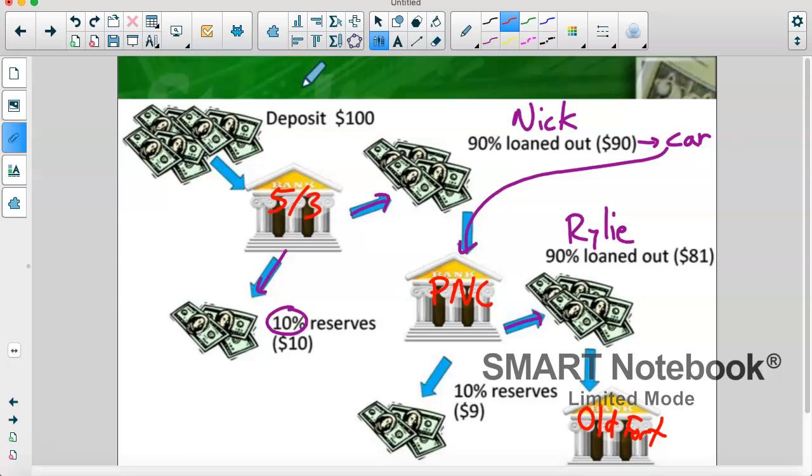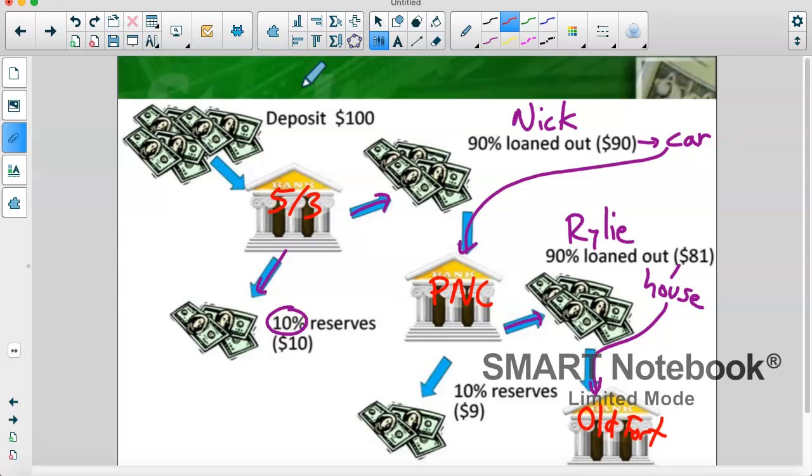I know it's ridiculous, but let's just say Riley's going to buy a house with this. When she buys a house with this, she pays the $81 to the homeowners, and they take the money and they put it in the Old Fort Bank. Old Fort Bank then has to keep 10%, so they would keep $8, and they would lend out the other $73 that would be left.